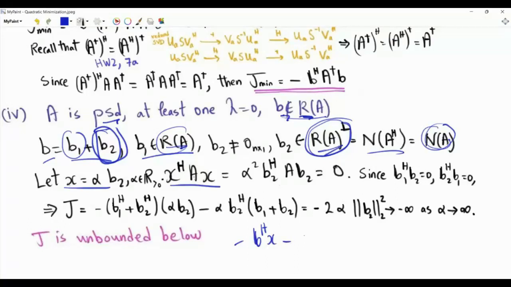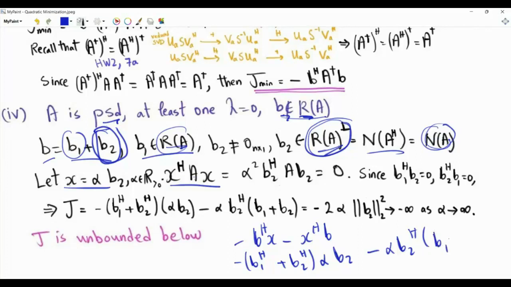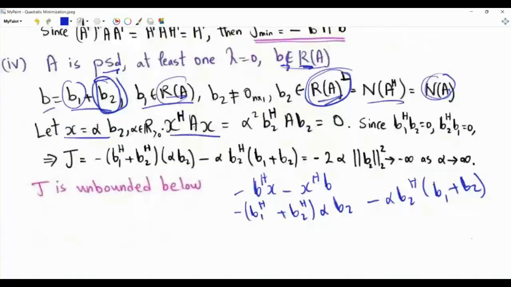So we have these two. This is vector B, and we will take X to be alpha, which is this positive real number, times B2, and then here we will have alpha B2 Hermitian, and then B1 plus B2. So this is what we get for the objective function.